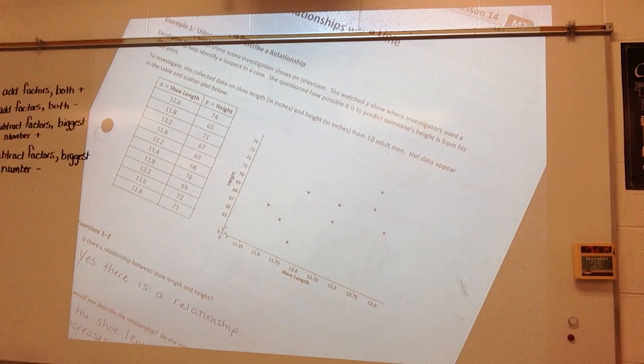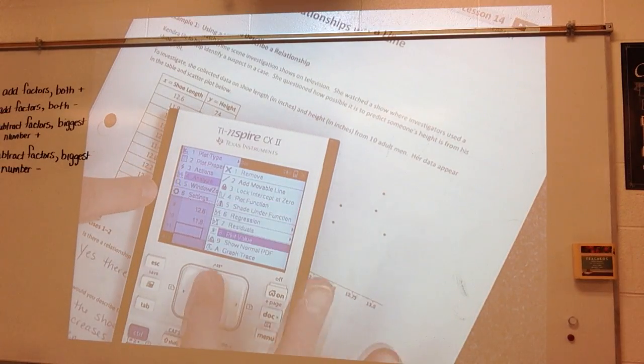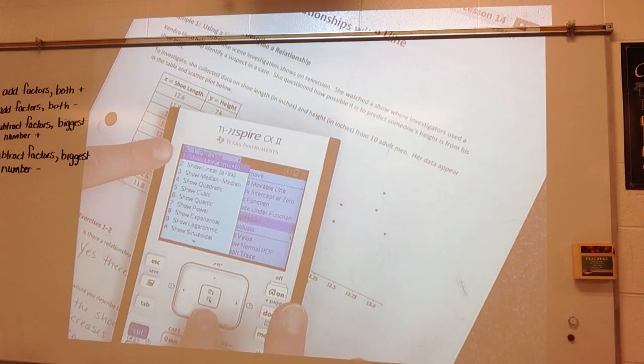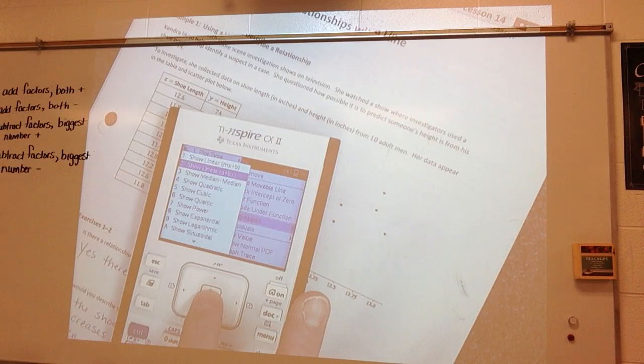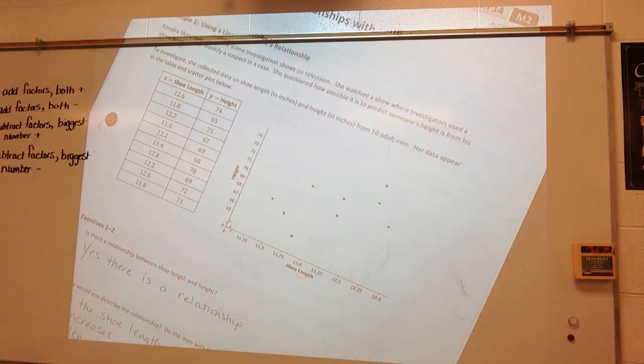So now I'm going to ask it to give me my regression line. You go to Analyze, Regression. I want it to be linear. Notice it put my regression line in there. Let's see what it says.